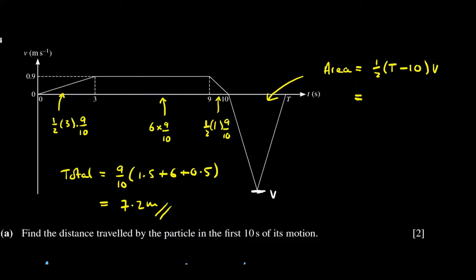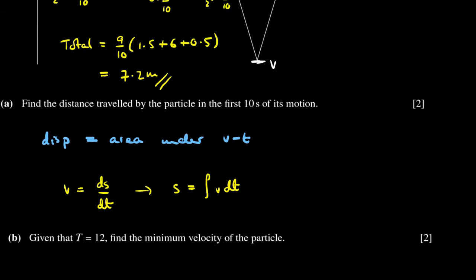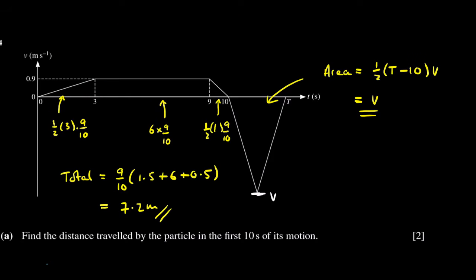So this is going to be a half, 12 minus 10, well, 12 minus 10 is 2. A half of that is equal to 1. So this area is just equal to v. And what do we want? We want that area to be equal to the 7.2. So v must be equal to 7.2 meters per second. But of course, this is negative, isn't it? So the velocity, to be more precise, is equal to negative 7.2 meters per second.